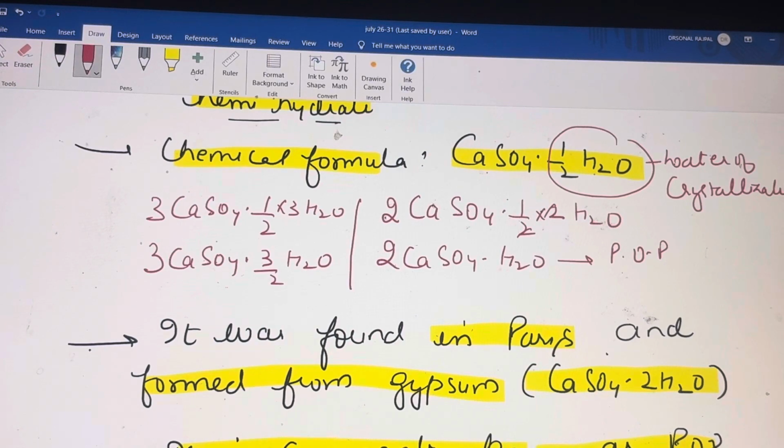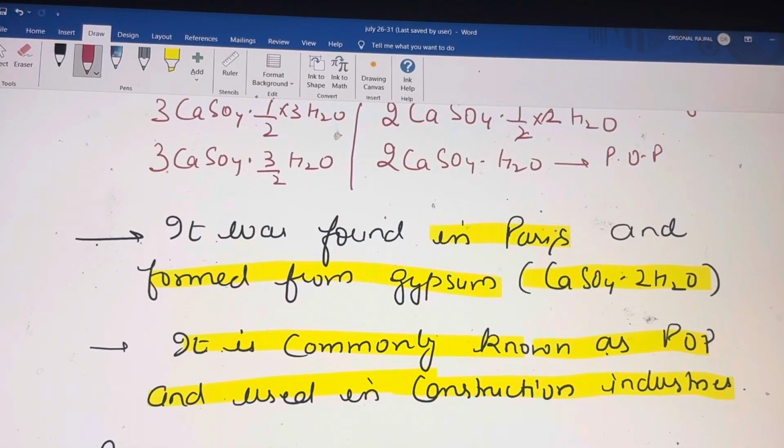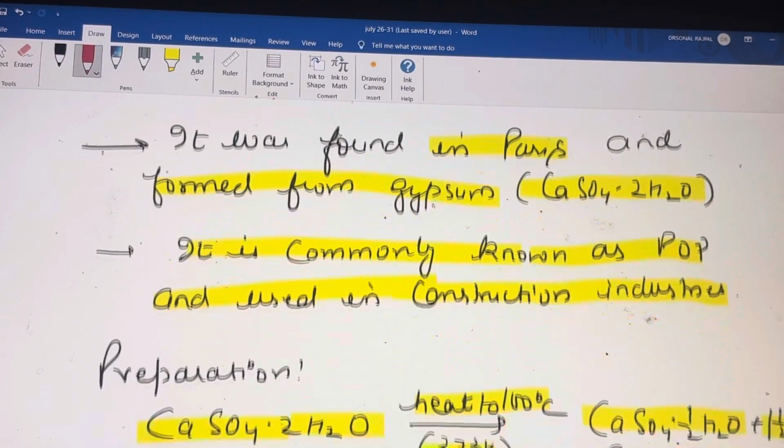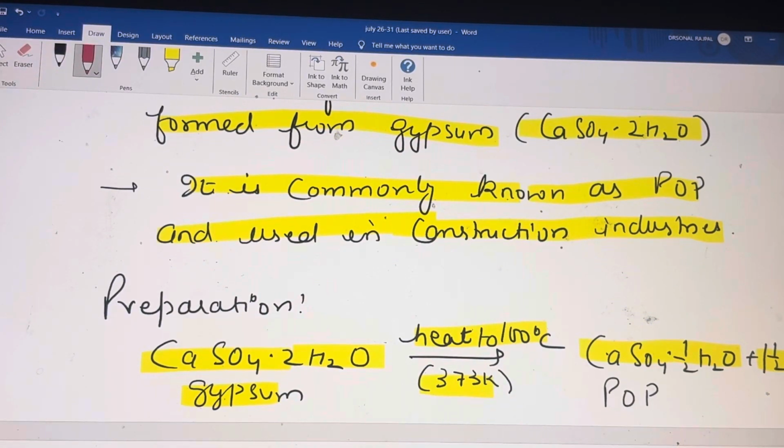This POP was found in Paris, and it is formed from gypsum, that is calcium sulfate having 2 molecules of water of crystallization. It is commonly known as POP, and it is used in the construction industries. How can we prepare this POP?